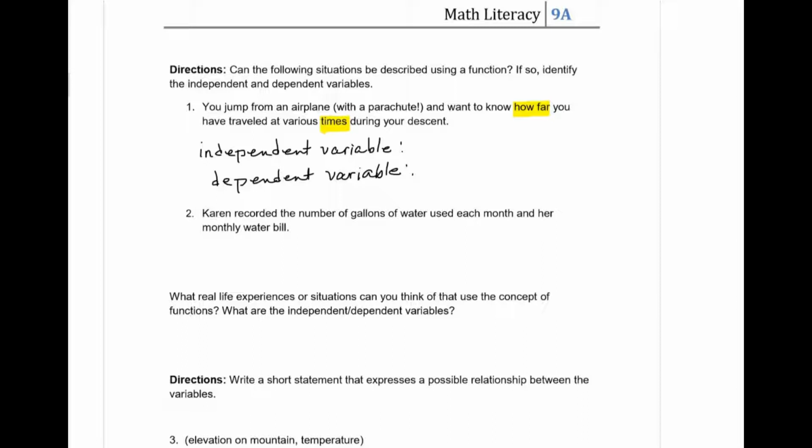Does the time that you've spent on your descent depend on how far you've gone, or does how far you have gone depend on how long it's been since you've jumped out of the airplane? Well, your distance that you have fallen depends on the time that you've been in the air since you've jumped. So my dependent variable is my distance, and the independent variable is time.